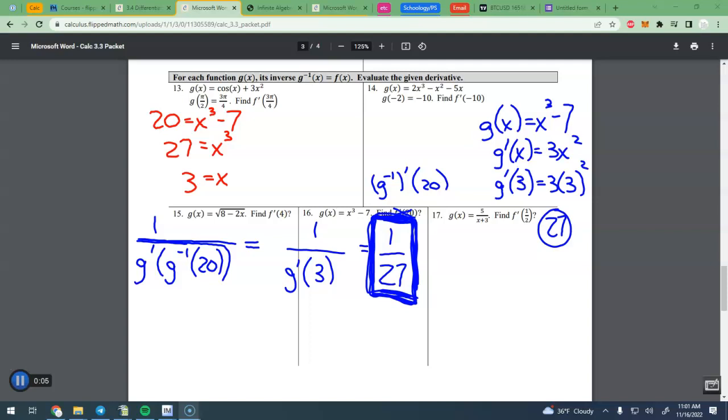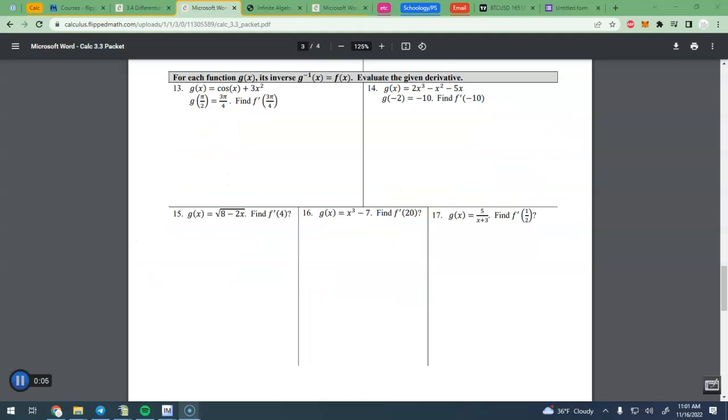You can print whatever. How many got 1 over 27? Yes. We good on 16? 16's good? Okay, so I'll put the work up. I don't want to talk through it because I don't want to interrupt you, but I'll put up the work for 17 so you can check it.